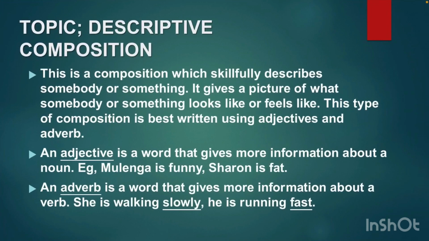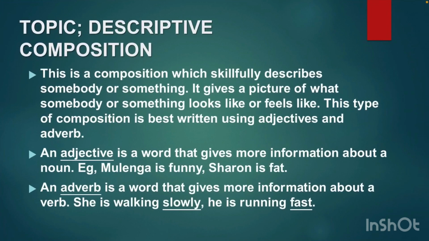Great. On the other hand, what is an adverb? An adverb is a word that gives us more information about a verb. A verb is a doing word or an action word. For example, she is walking. Walking is an action word, a verb in this case. Now, how is she walking? She is walking slowly. Slowly is an adverb.